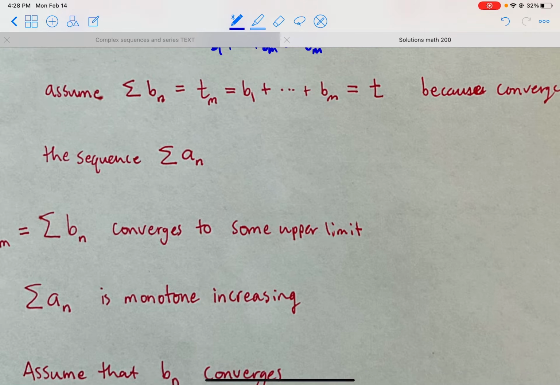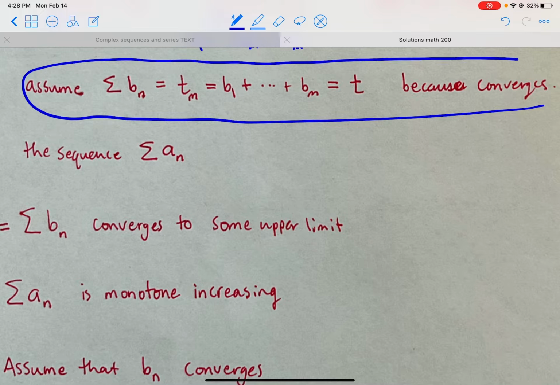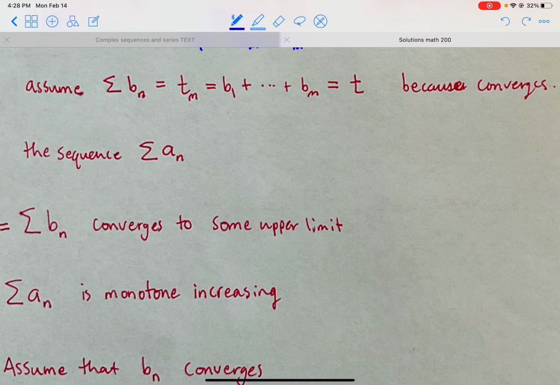Let's look at this one. Assume... Okay, so this is the name of the mth partial sum. To make this correct, this must be a finite sum over here, which is just rewriting this, and this and this are writing the same thing.